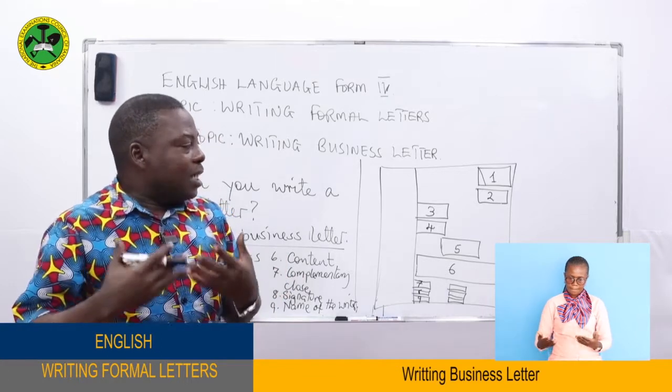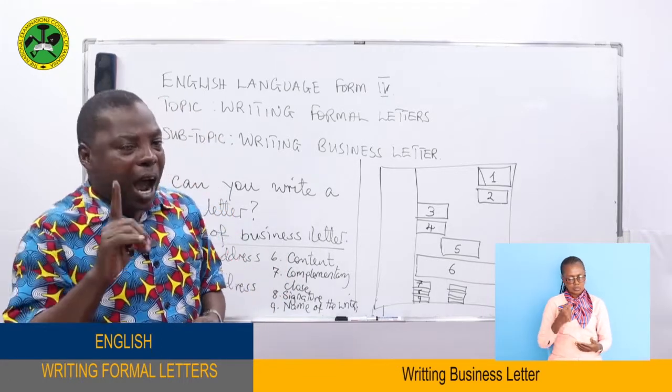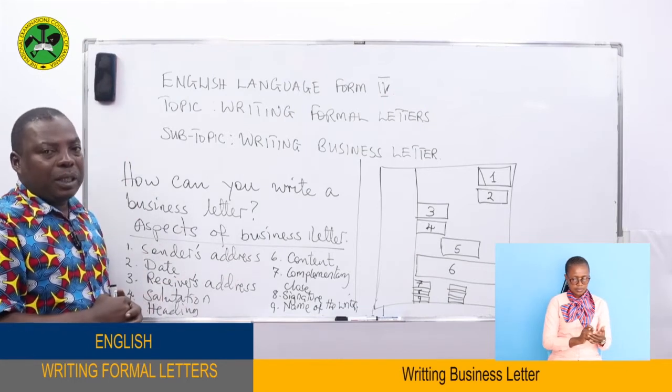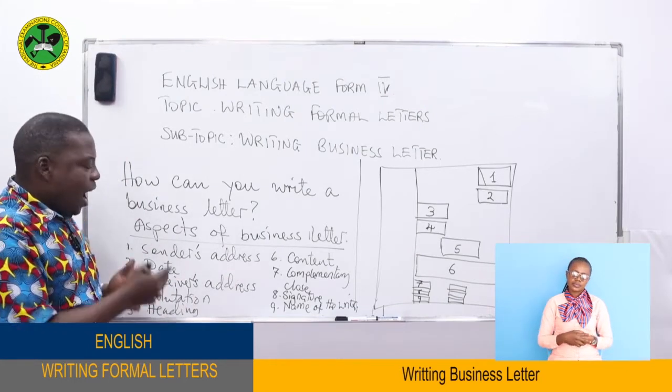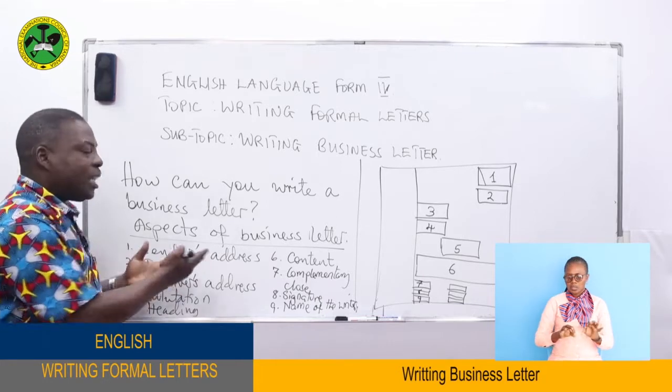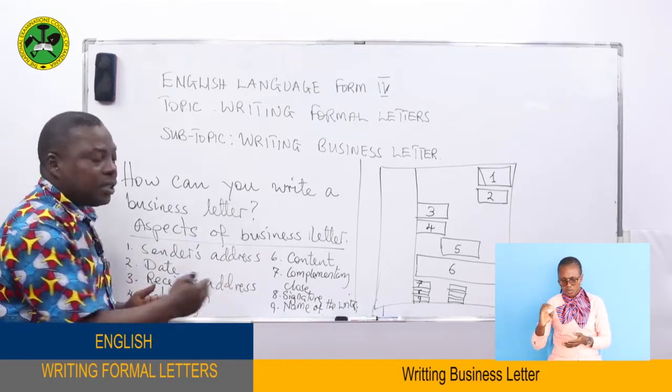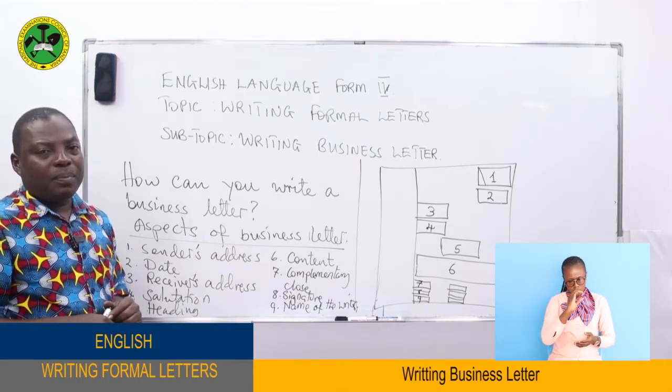Now, let us try to see how we can write these aspects individually. For example, how can we write a sender's address? How can we write a date and the rest of these other aspects?